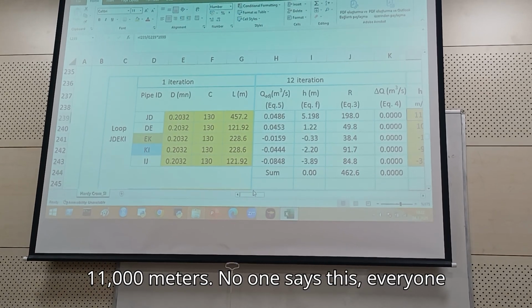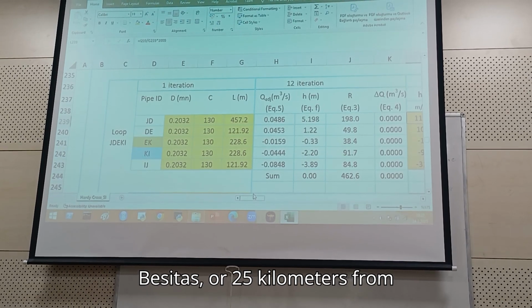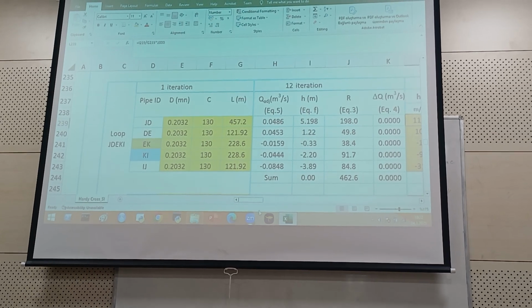Nobody says this. Everybody says it's 11 kilometers from here to Beşiktaş, or 25 kilometers from here to Kadıköy, right? Right.